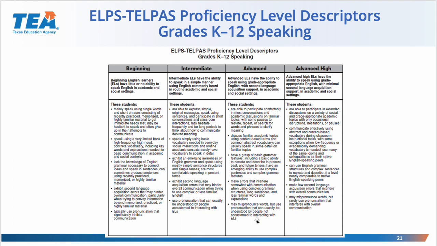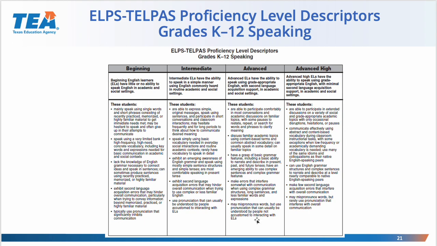So again, if my friend could also understand them when normally they don't interact with people, then they would be advanced. So that's a big difference between intermediate and advanced: the listener themselves, and whether they're accustomed to hearing accents or not. Another one that's really important here is the vocabulary.